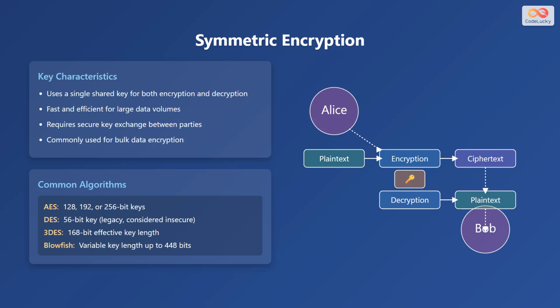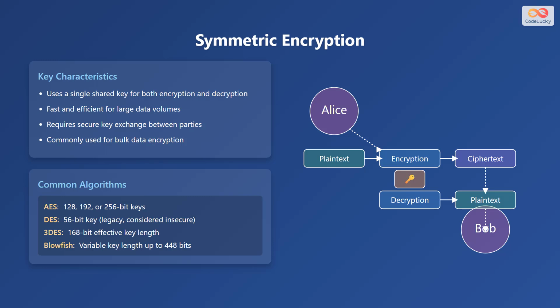Let's dive deeper into symmetric encryption. Symmetric encryption relies on a single shared key for both encrypting and decrypting data. This shared key must be securely exchanged between the sender, Alice, and the receiver, Bob, before communication can occur. Symmetric encryption is known for its speed and efficiency, making it suitable for encrypting large volumes of data.